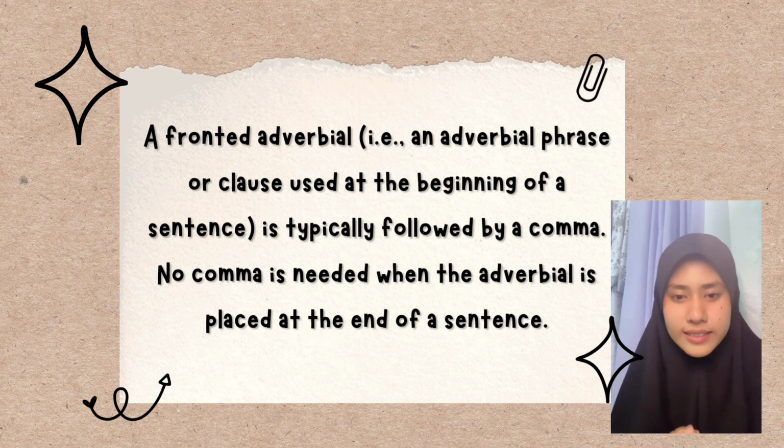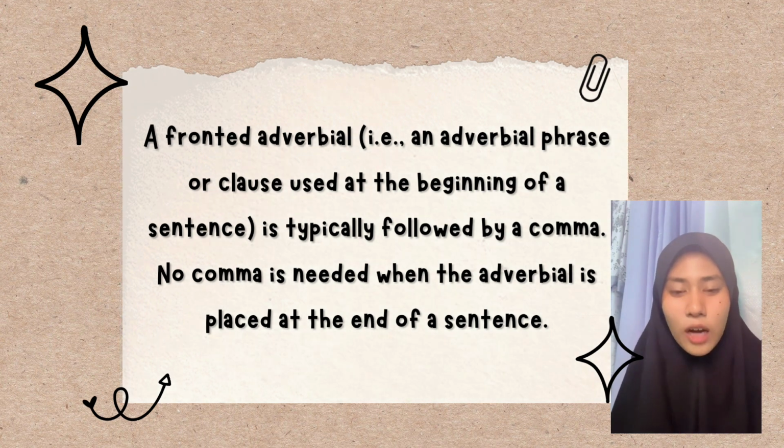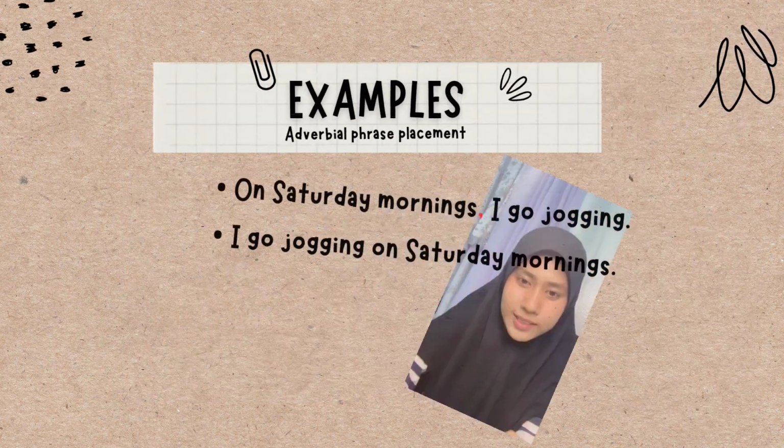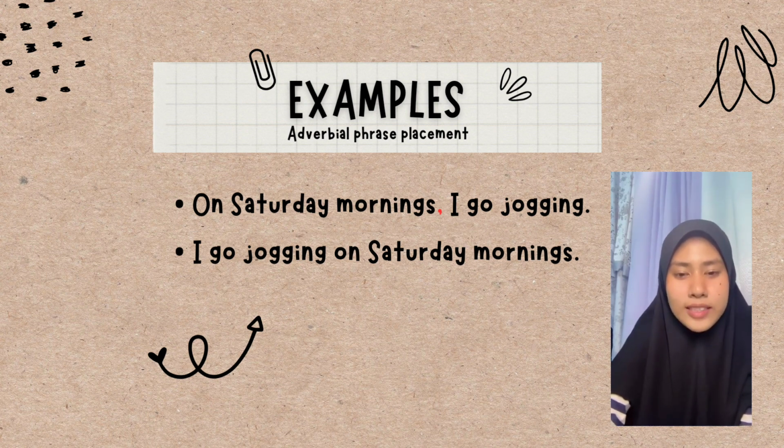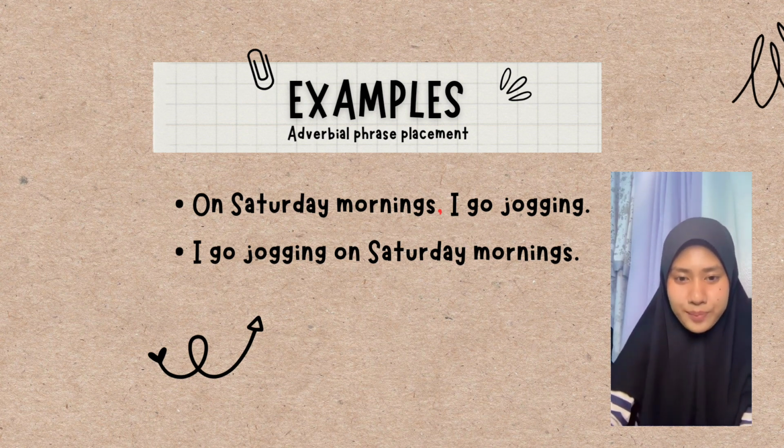No comma is needed when the adverbial is placed at the end of a sentence. For example, on Saturday morning, I go jogging, and I go jogging on Saturday morning. Did you see that from the example? The position of the words is switched, but the meaning is still the same.